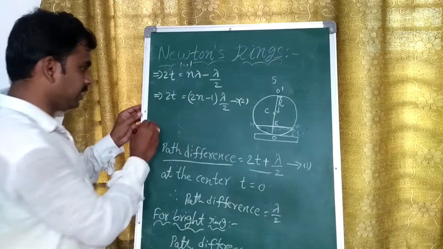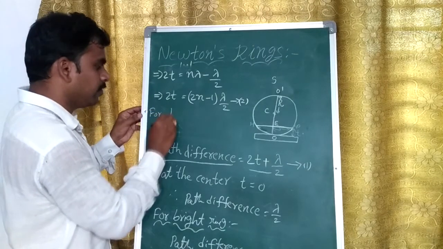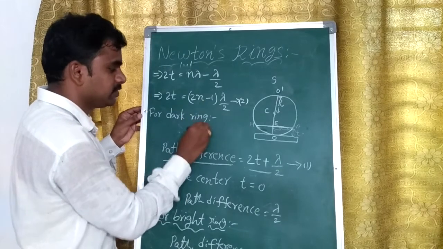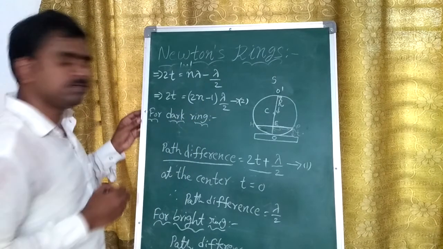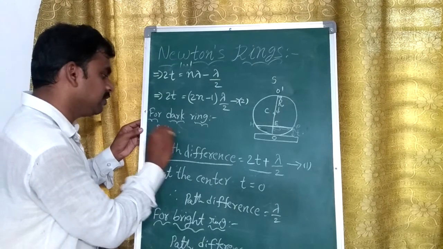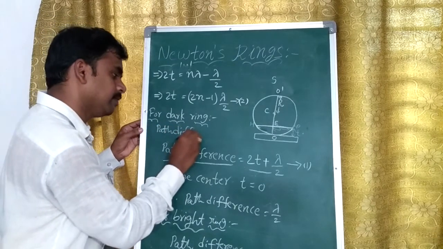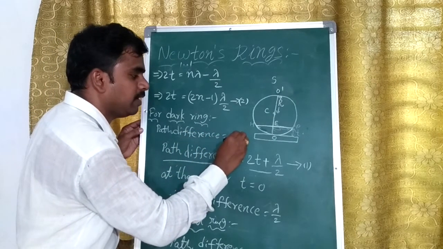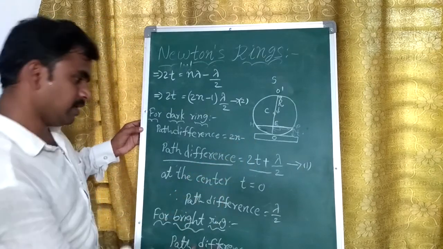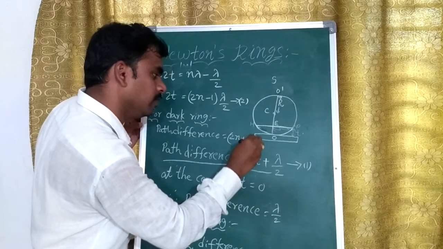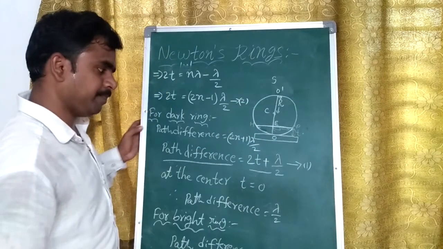Okay, so the same way for the dark ring. The dark ring happens when destructive interference takes place. For destructive interference, the path difference condition is (2n plus 1) into lambda by 2 or (2n minus 1) into lambda by 2. Here we have to take (2n plus 1) into lambda by 2.